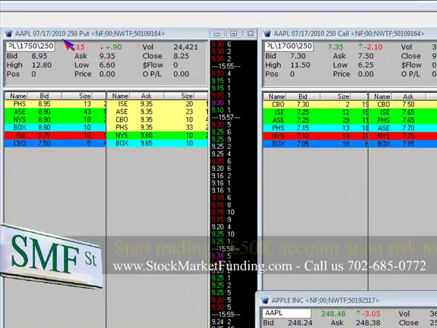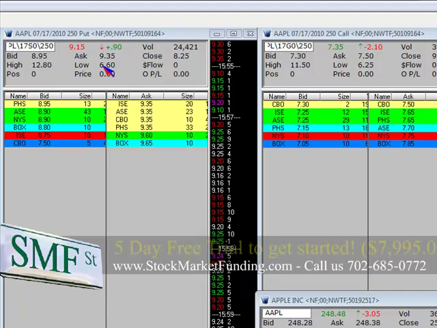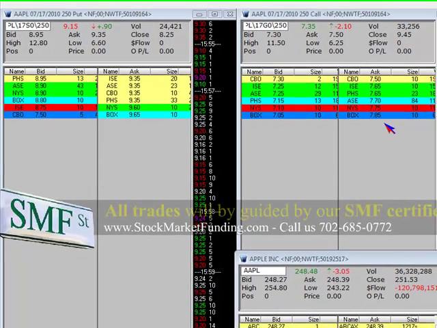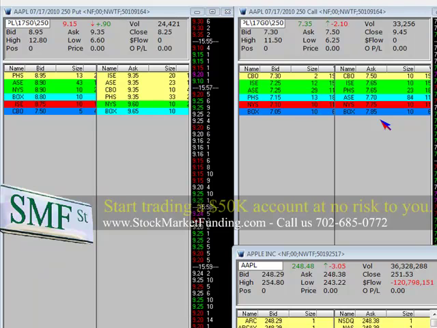Anyway, so let's take a look at the 250 put. 6.60. That's a 6.20 swing. A $6.20 movement with the close at 8.25. What we teach you how to do when you're trading the firm's capital is to get both sides.